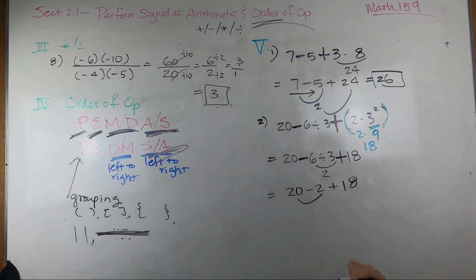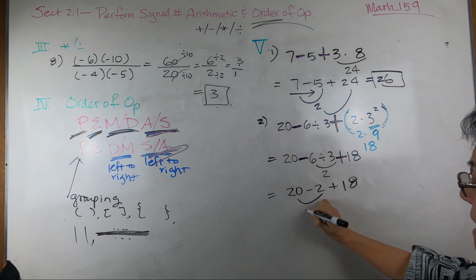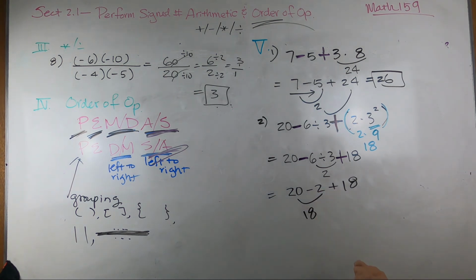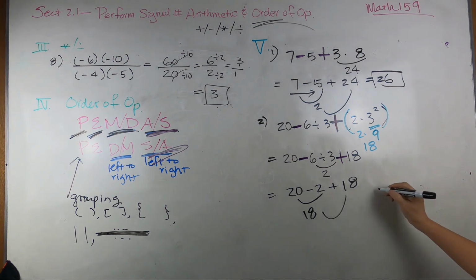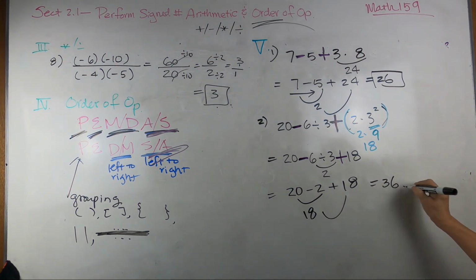So you do this first. 20 minus 2 is what? 18, is that right? Then 18 plus 18 is what? 36. That's what you need to do. Can you remember this? Regardless, right?